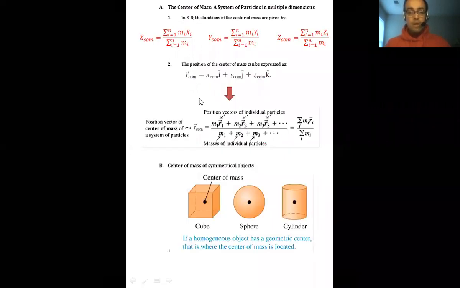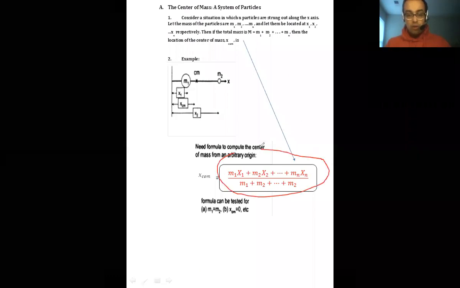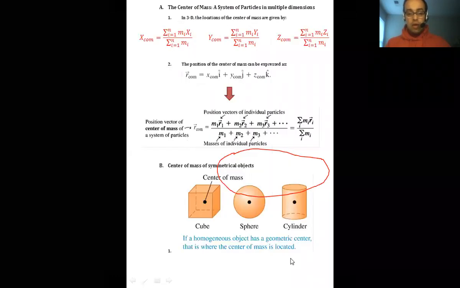Okay? So in 3 dimensions, another way of writing what we just wrote, if we take a look at that equation and we're just looking at x, another way of writing that is these 3 equations up here. The x-coordinate of the center of mass is the sum of the masses times the coordinates of however many objects you have over the sum of the masses of those objects.